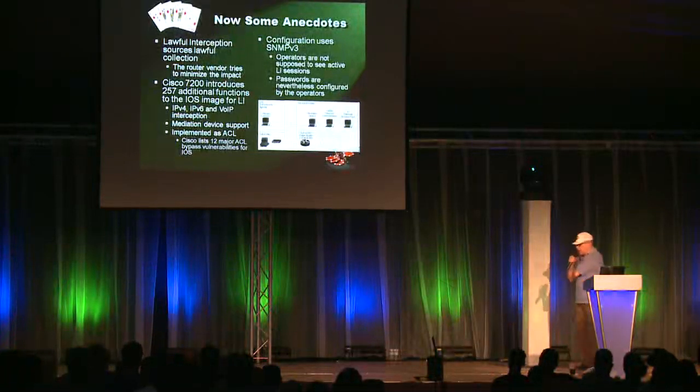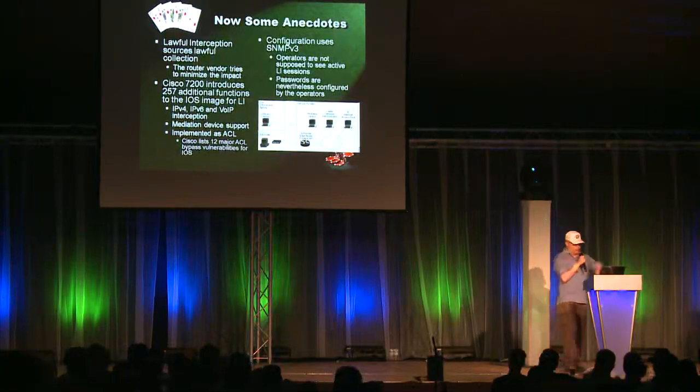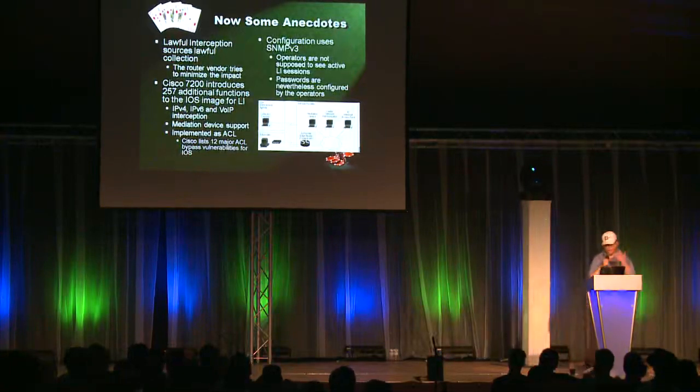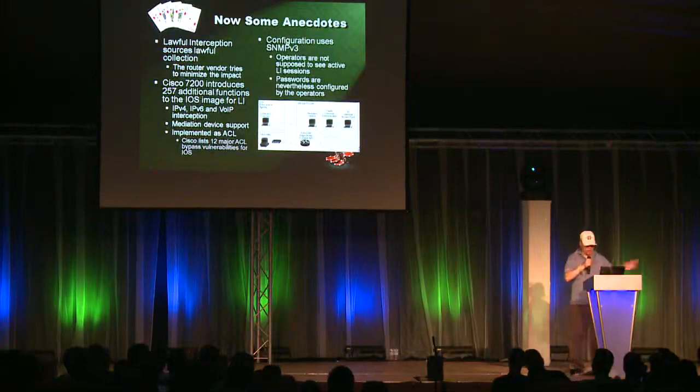So the provider goes like, why would I buy a bigger router just because the police wants to watch this guy watching porn? So how can I get cheaply out of this? That's what motivates the vendor and so on. So nobody wants to pay money for them.